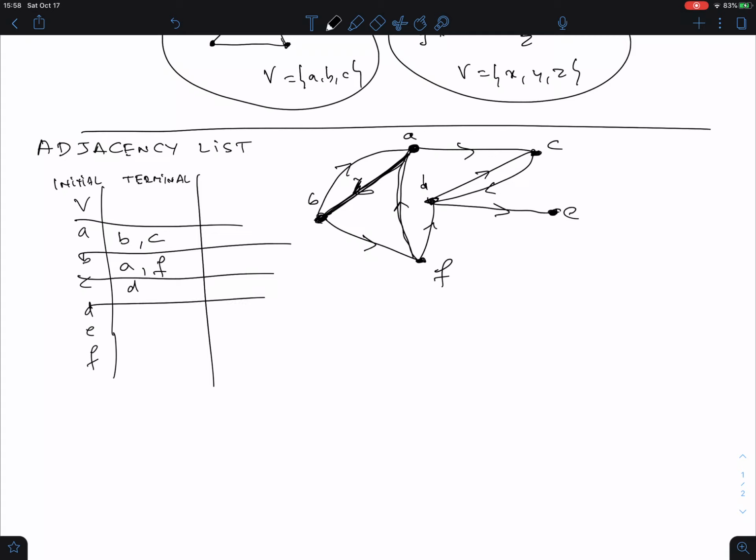D connects to C. D connects to E, and not to F, because that goes the other way. And then E. Although E is connected, there's nothing going out of E, so it can be that this is an empty part in the adjacency list. And then finally F goes to B and goes to A.